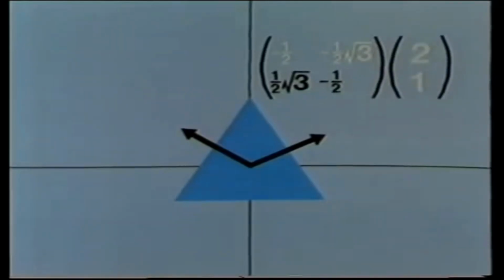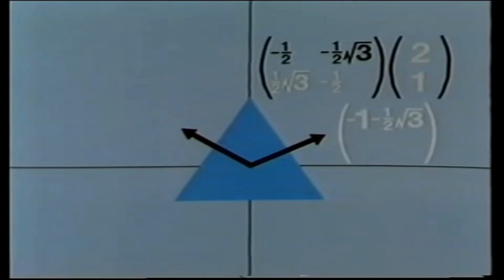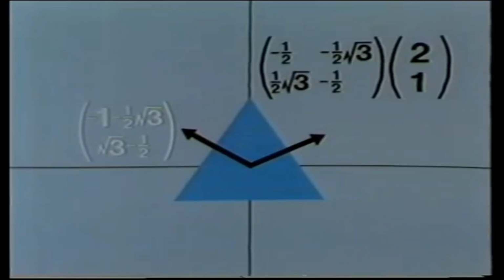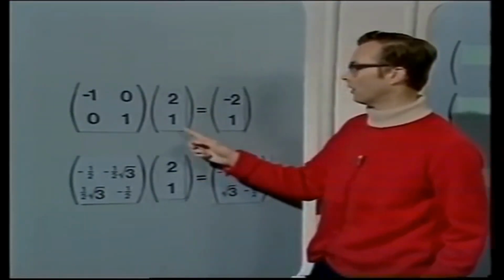Dot the first row with the vector, and now the second row, and that gives us the image vector. So that's how we can use a matrix to find the image of a vector.